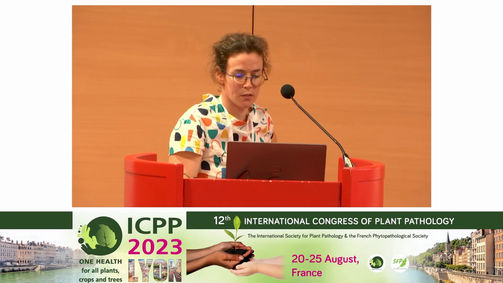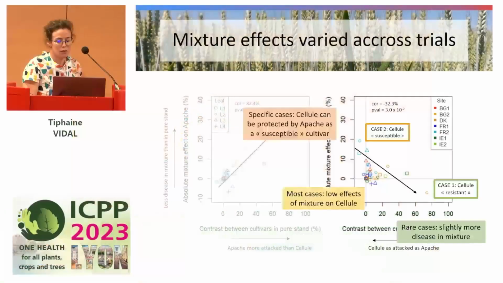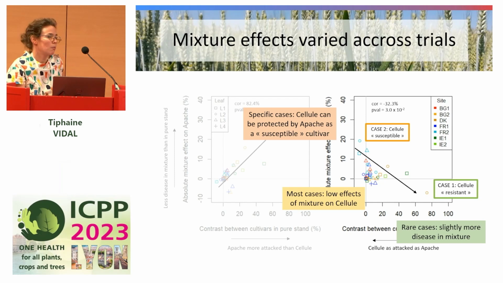So that's really what we saw here. Basically, we can consider that Cellule is a resistant cultivar because it possesses a major gene. But in fact, when we have a significant effect is when it's relatively highly attacked.